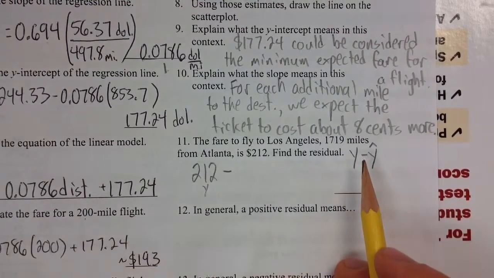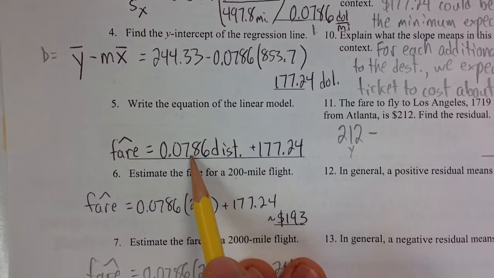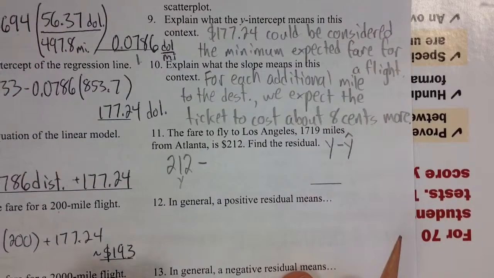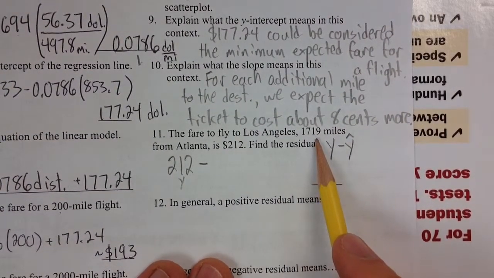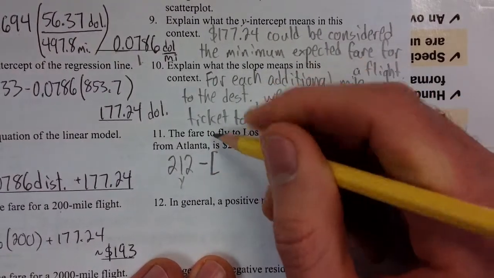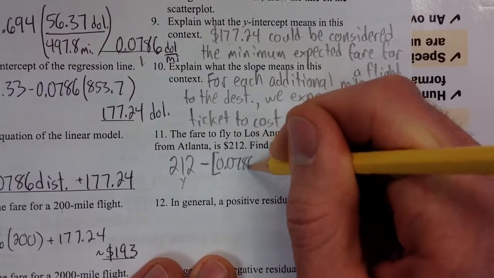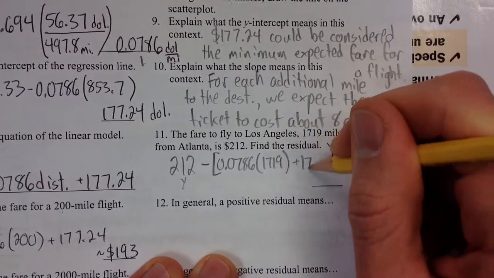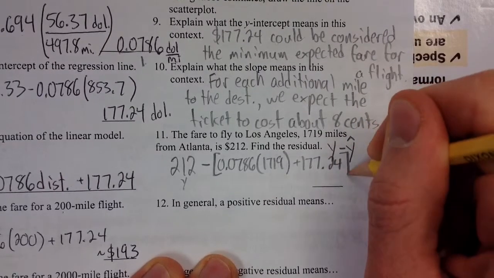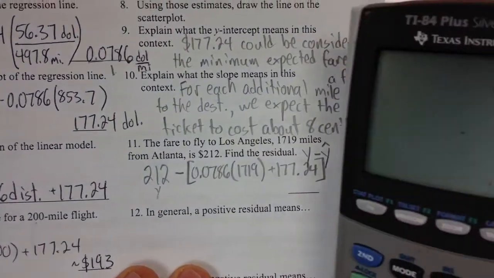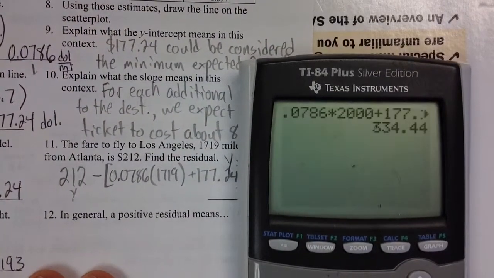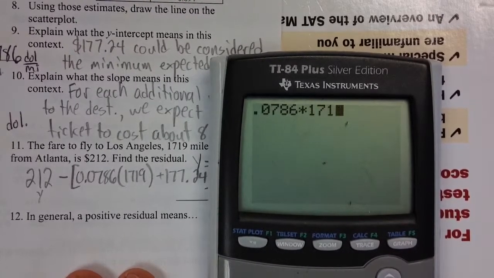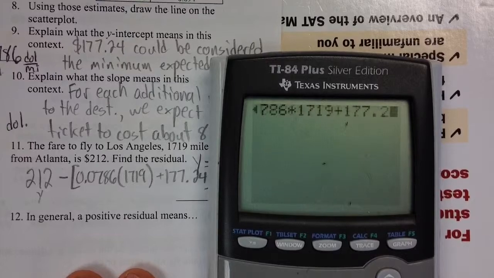So you already have your model. It's here, 0.0786 times the distance plus 177.24. So just use that. They tell you the distance, 1719. .0786 times 1719 plus 177.24.